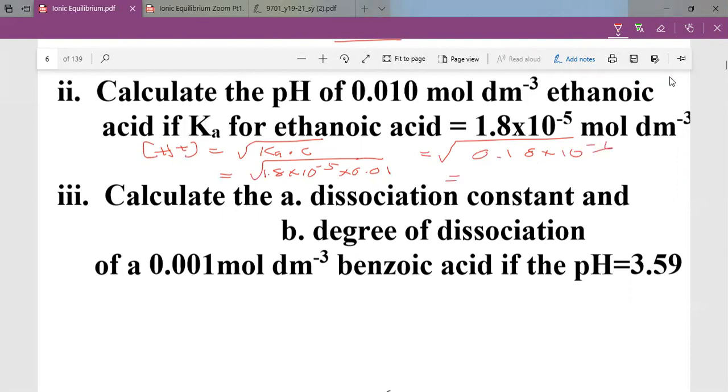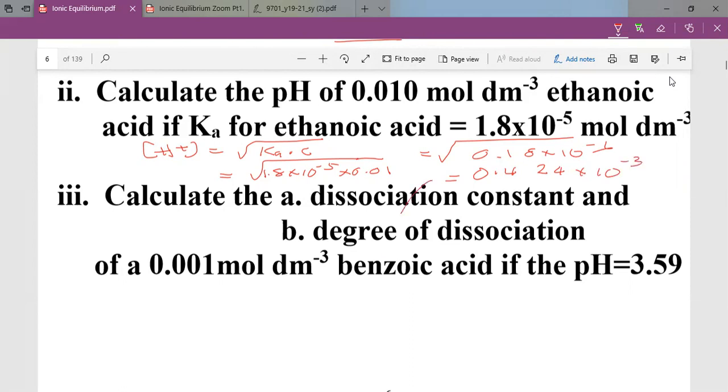So root of that: root of 0.18 equals 0.424, times 10 to the power of minus 3.